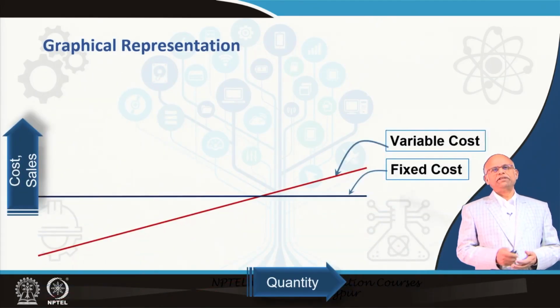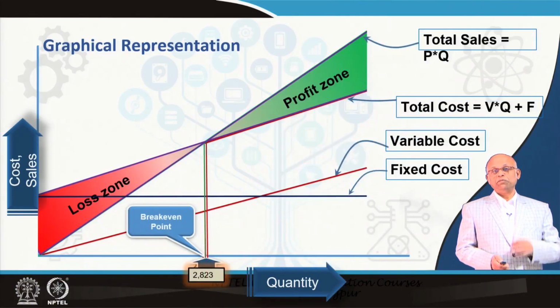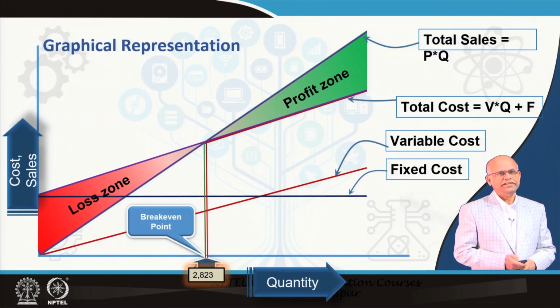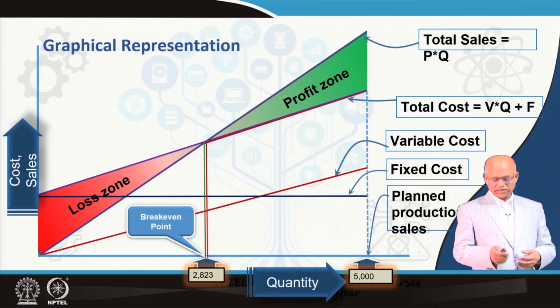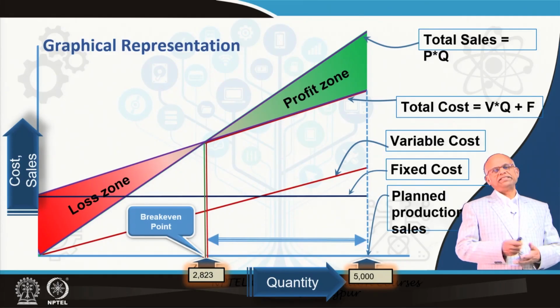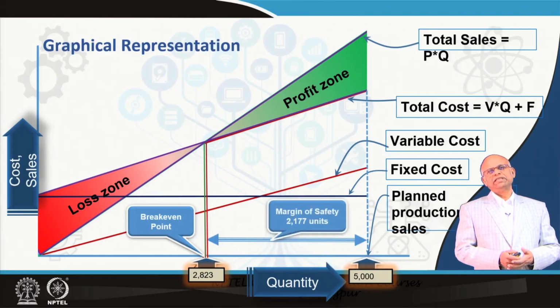Here is the graphical representation of that margin of safety in particular. So, our break even is 2,823 and we are operating at 5,000, and here are the fixed cost, variable cost and sales lines, and this is the margin of safety, which is 2,177 units.